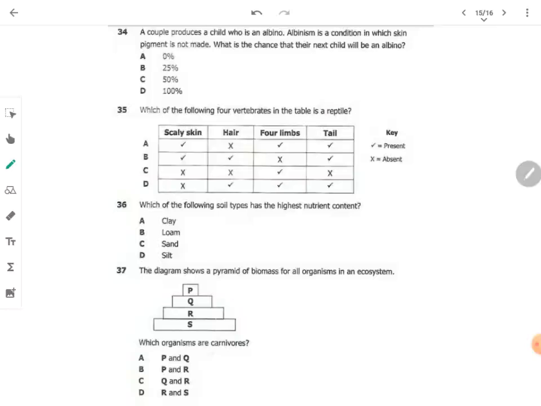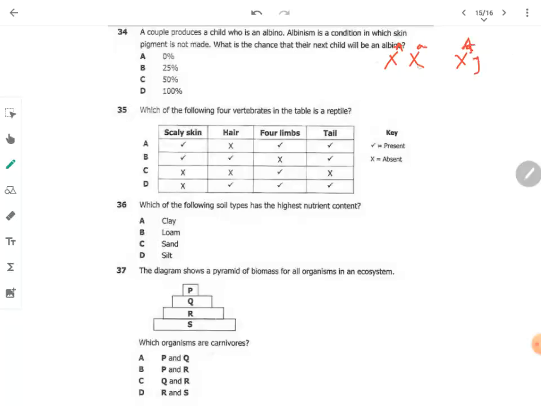So let's say this is the mother and this is the father. Let's say A stands for someone who's an albino, and the mother is a carrier of that disease. The father is okay, the mother is a carrier, but she's not an albino, it's just a carrier.